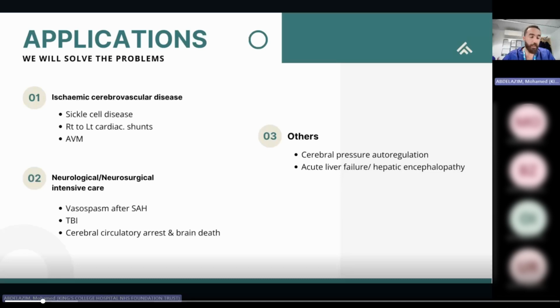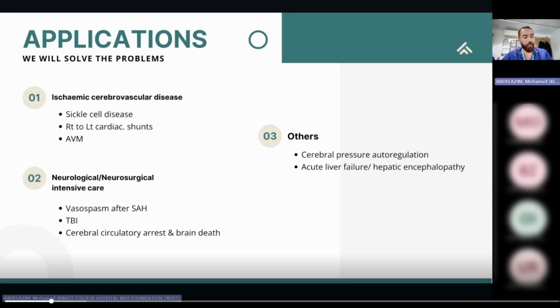This is done through assessing the cerebral blood flow velocities, because as we know, in sickle cell disease you get anemia and maybe hemoglobinopathy as well. Both can cause increased blood flow velocity in the cerebral vessels, and that can cause strokes. Then they use TCD to assess the need for transfusion.